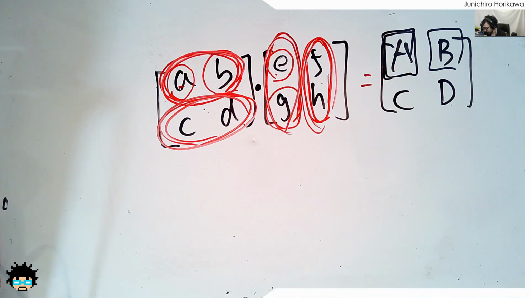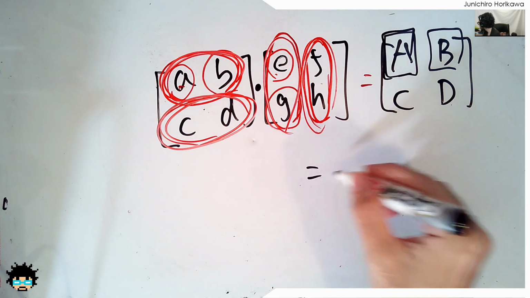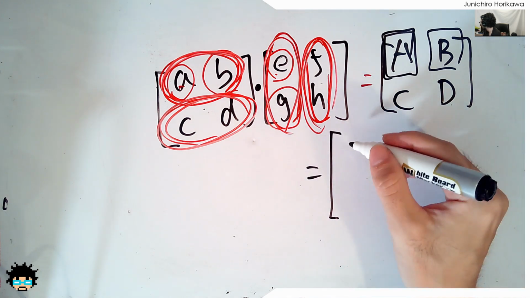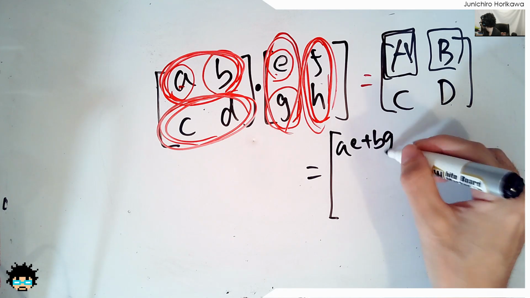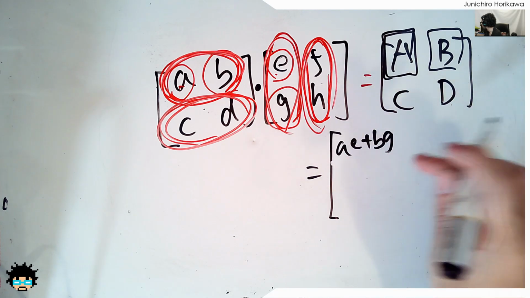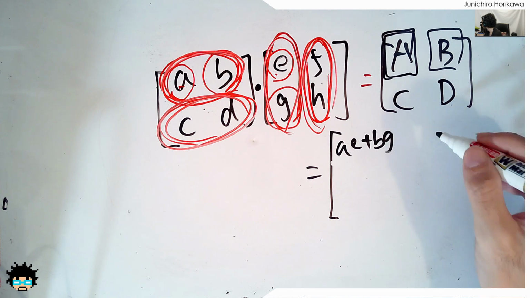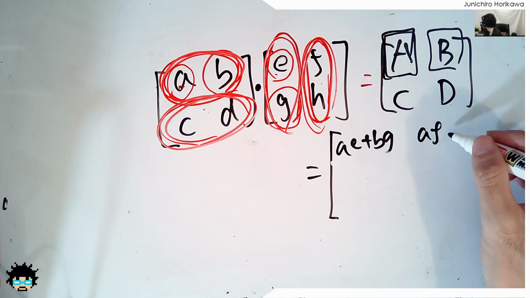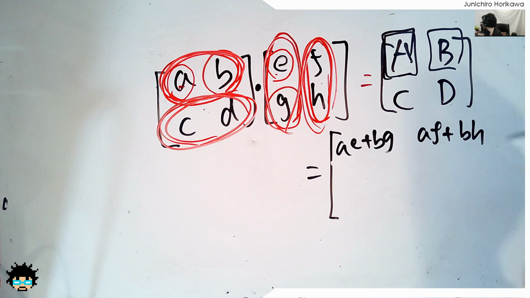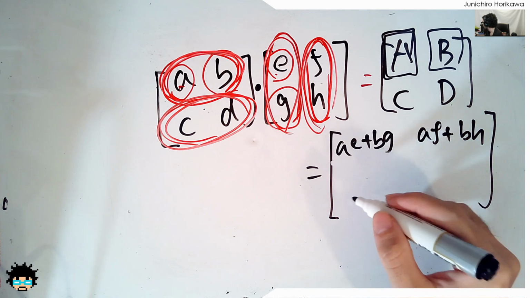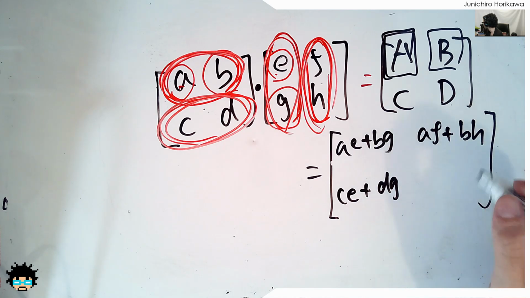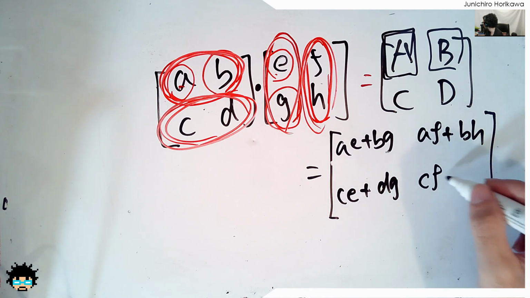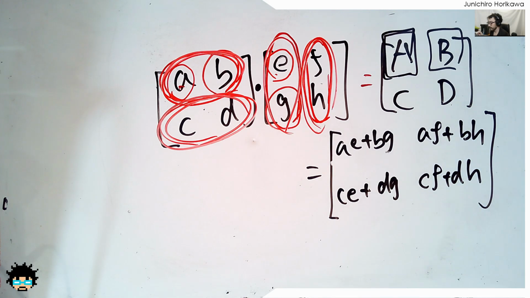So as a result, it looks like this: AE plus BG for this first item, and AF plus BH, and this one CE plus DG, and this one is CF plus DH.